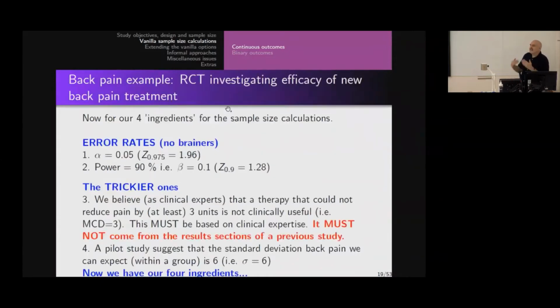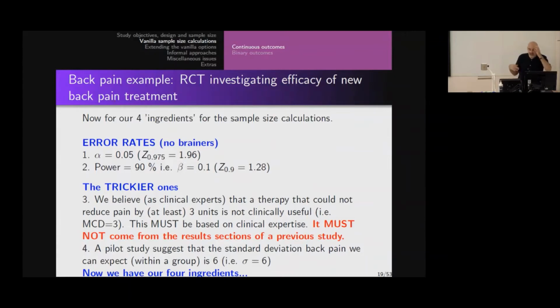Okay, so let's now do the calculation. We want our 4 ingredients, and the real trick to sample size calculation is to set out your ingredients first on a page, then mix them. Throw them into the formula. It is arithmetic, and you can calculate it. So the error rates, the no-brainers, we don't have to think about them at all. Alpha is 0.05.